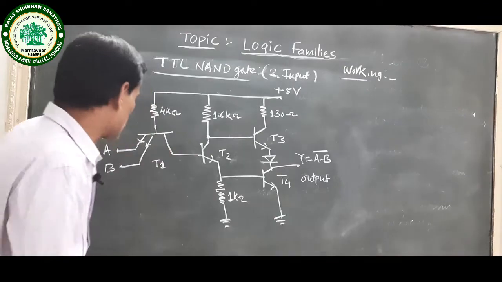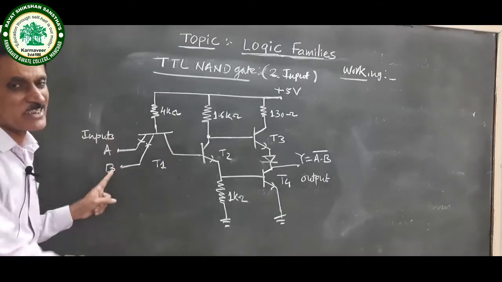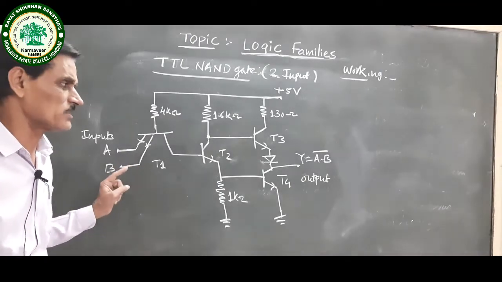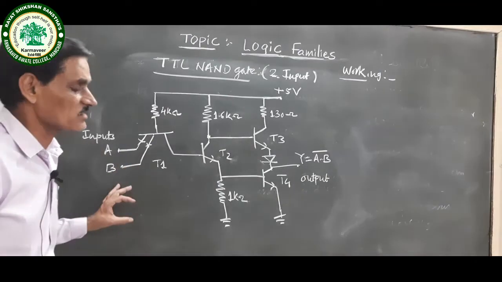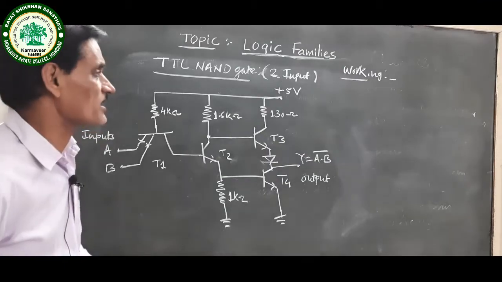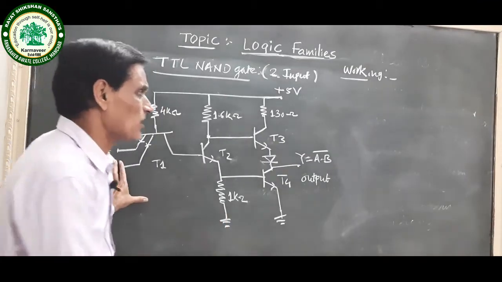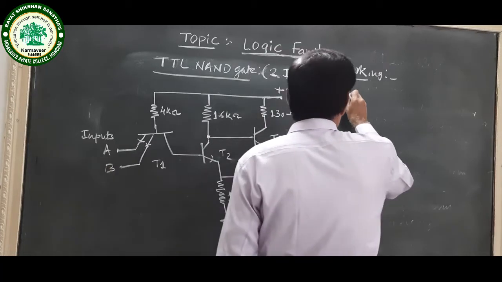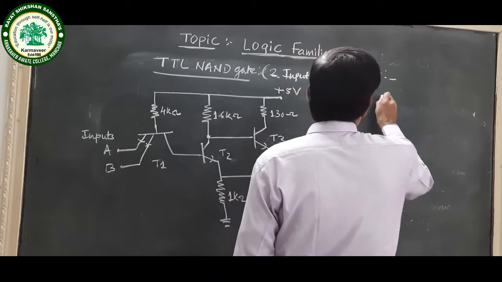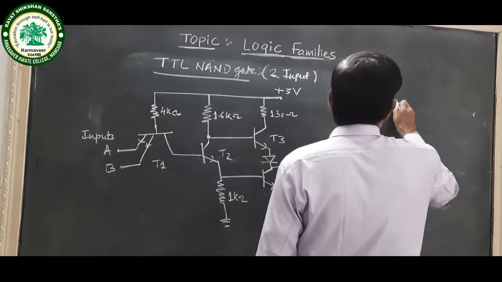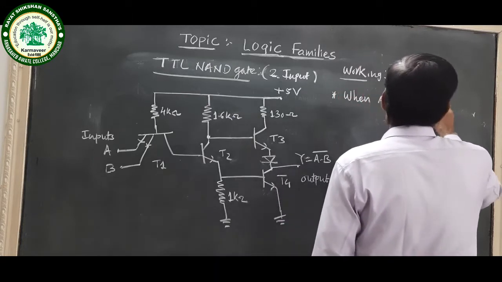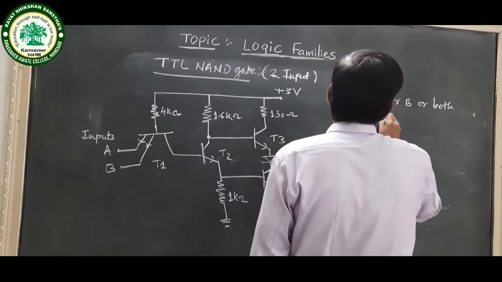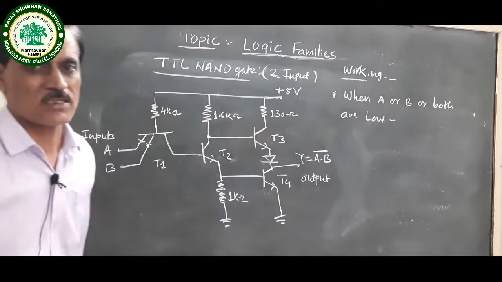You may explain the working by taking into account 4 different cases, when A and B are 0,0, 0,1, 1,0 and 1,1. But instead of that, I think the better way is to initially take into account 3 different cases together, under the heading: when A or B or both are low. Have you understood this case?